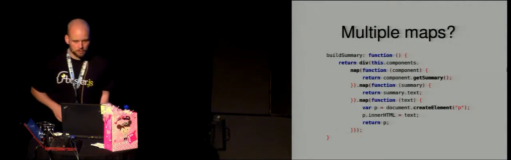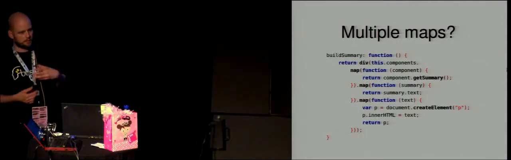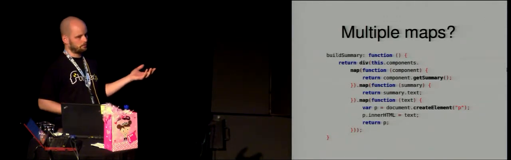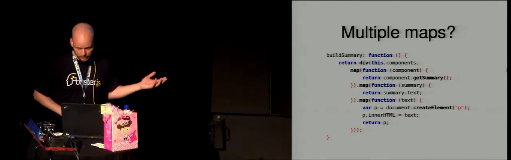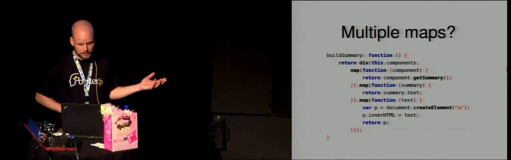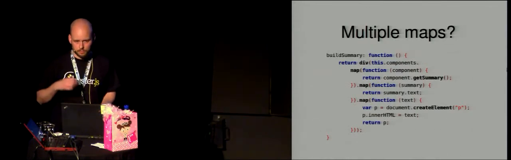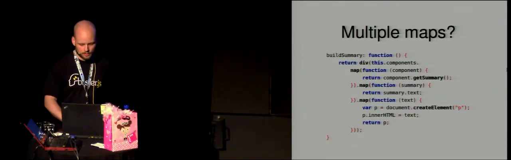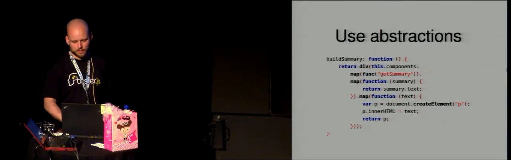That's basically what my mapping transformation is. So maybe we could try multiple maps, like expressing each one of these transformations as a single map. This looks pretty horrible, and it's even longer than my original solution, right? But I can recognize reusable abstractions here. The first one calls the get summary method. Okay, I can use the func abstraction.